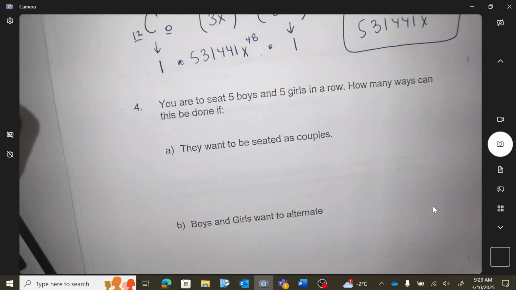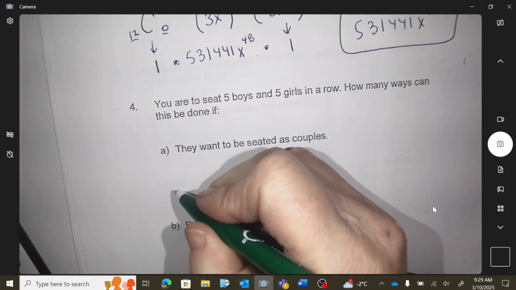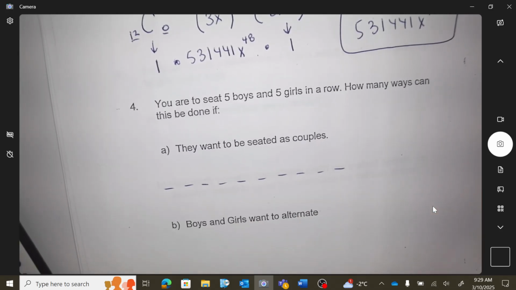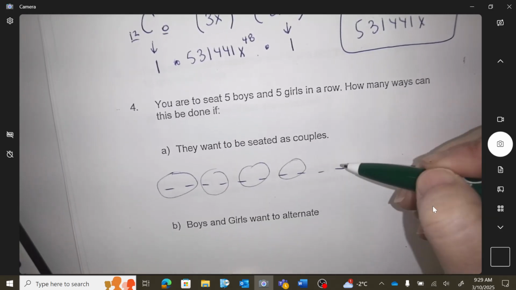Question 4. 5 boys, 5 girls are trying to go into seats. They want to sit as couples. So these two, these two, these two, these two, and these two.